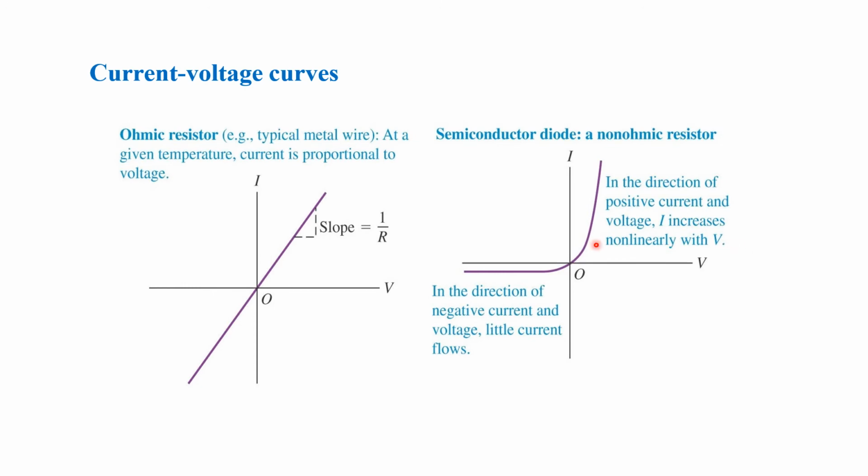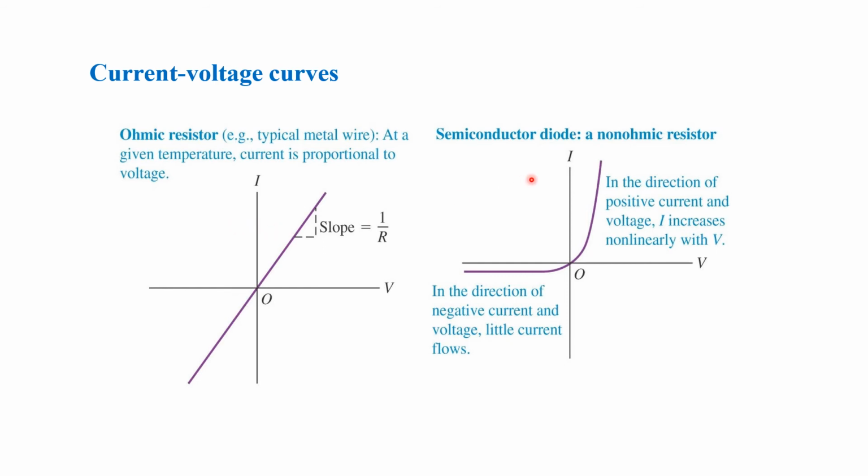For an ohmic resistor, such as a typical metal wire at a given temperature, the current is proportional to the voltage. So you have this Ohm's law here, where your voltage is directly proportional to your current I. And if you take the slope of this one, you have your 1 over R, your 1 over resistance. This is where your Ohm's law holds true.